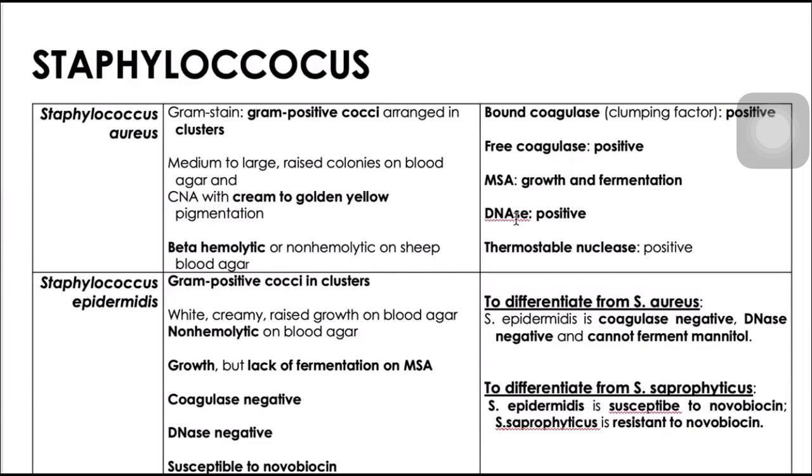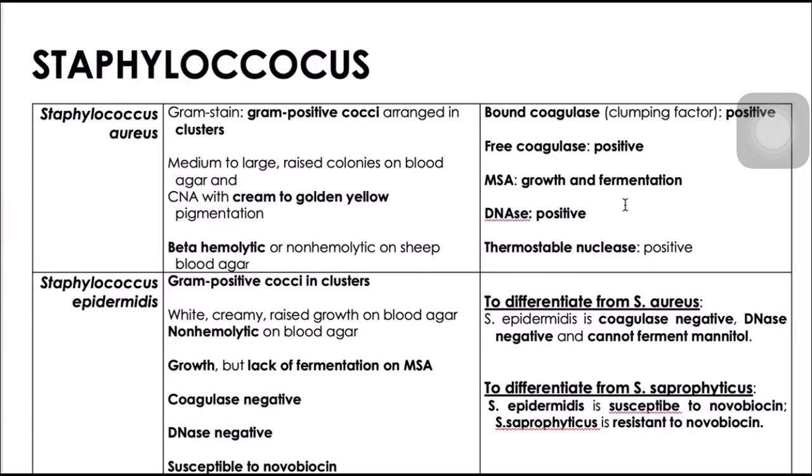Next is your DNase test. So your Staphylococcus aureus can also produce DNase, wherein DNase positive nga po siya, wherein we are detecting this one using a DNA medium with methyl green. So if the organism like your Staphylococcus aureus can produce DNase, it can clear the medium.